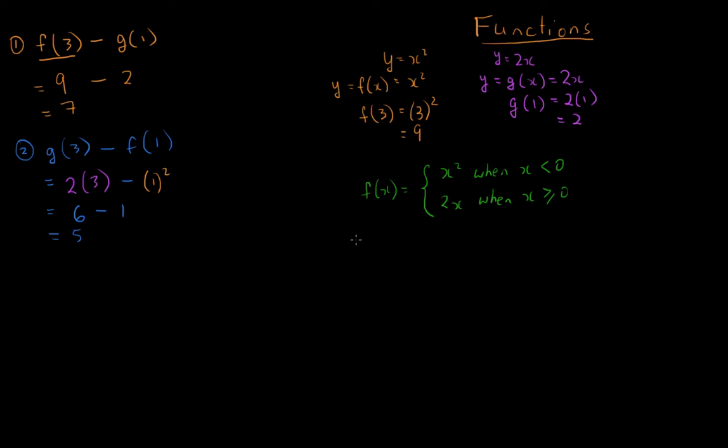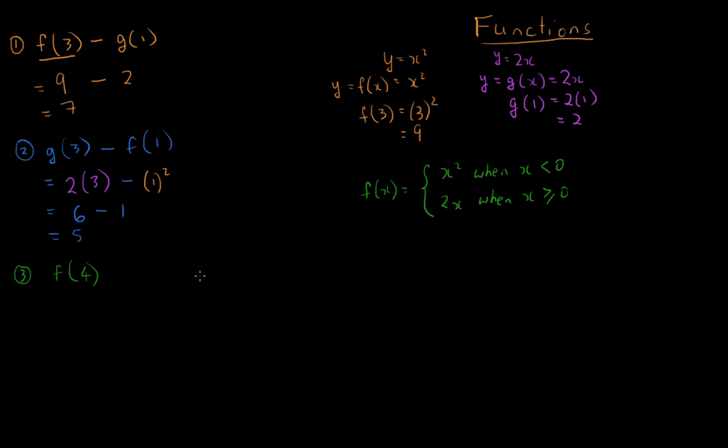So what does this mean? Well, let's have a look. If we want to find, and this is the third example, f of 4, well, we look at what the number is. This number 4, is it less than 0 or is it bigger or equal to 0? Well, it's bigger than or equal to 0.